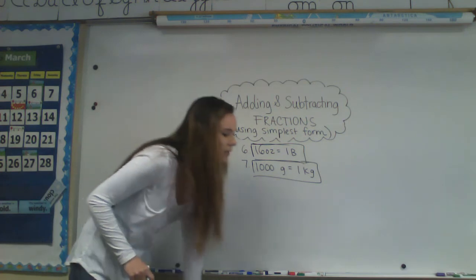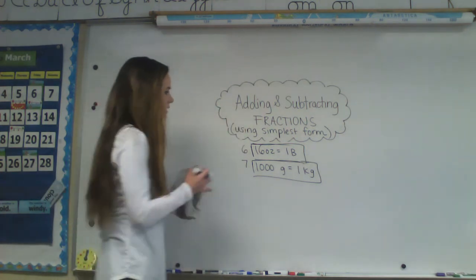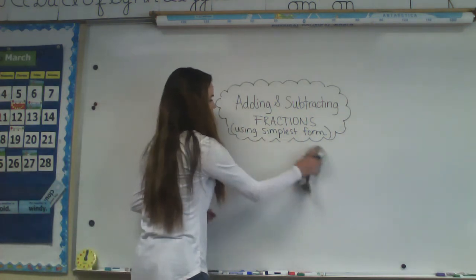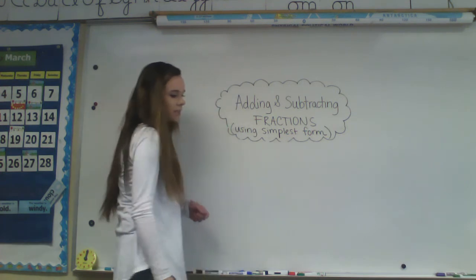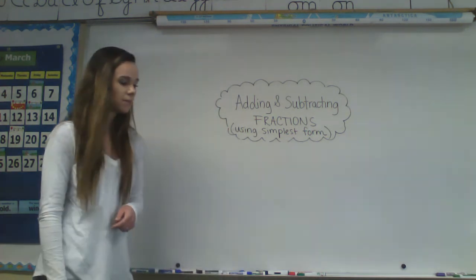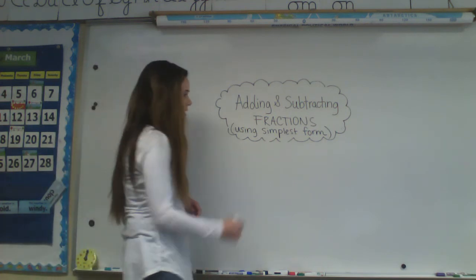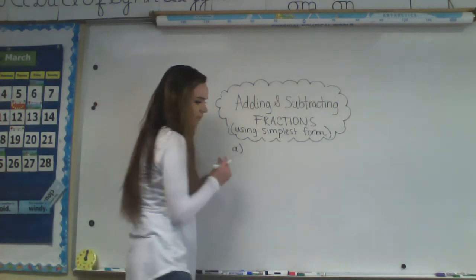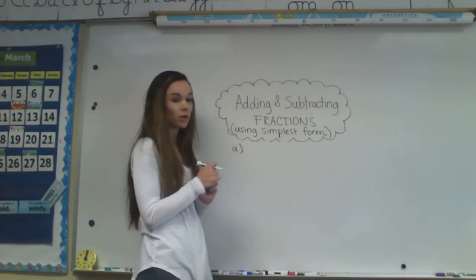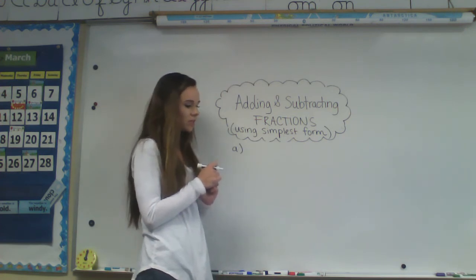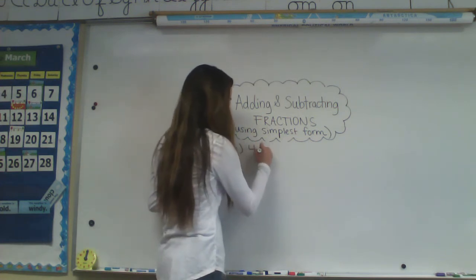And then I want to do problem 8 with you guys because it's a little tricky. So Sally bought 4 rolls of ribbon to make 10 bows. So each roll of ribbon costs $5. So on A, we're going to find the total cost of the 4 rolls of ribbon. So finding the total cost of the rolls of ribbon, we know that there's 4 rolls of ribbon.